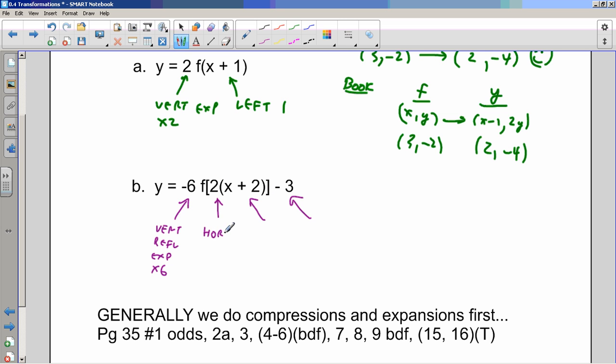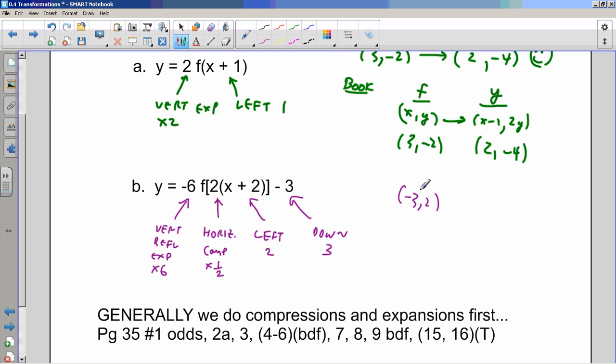You think it would be a horizontal expansion, but in the direction of x, it's opposite, right? So you think it would be expanded by a factor of 2, but it's actually compressed by a factor of a half. It's kind of like dividing by 2 instead of multiplying by 2. The plus 2 here is a move left and down.